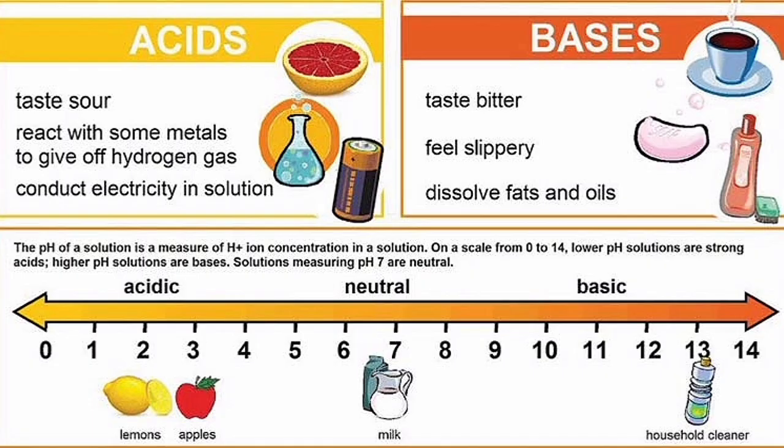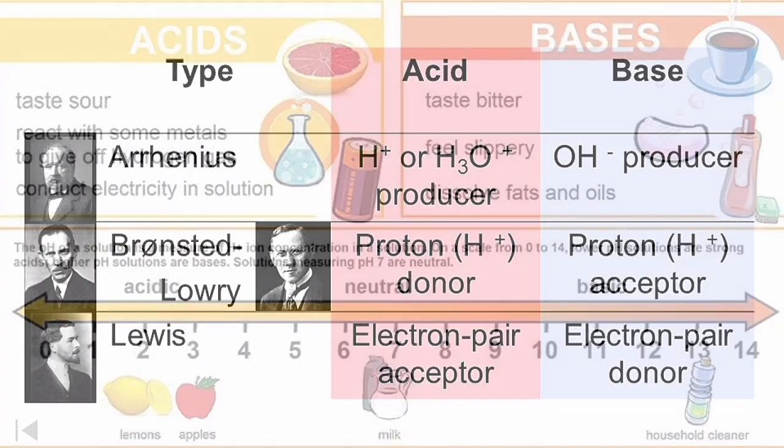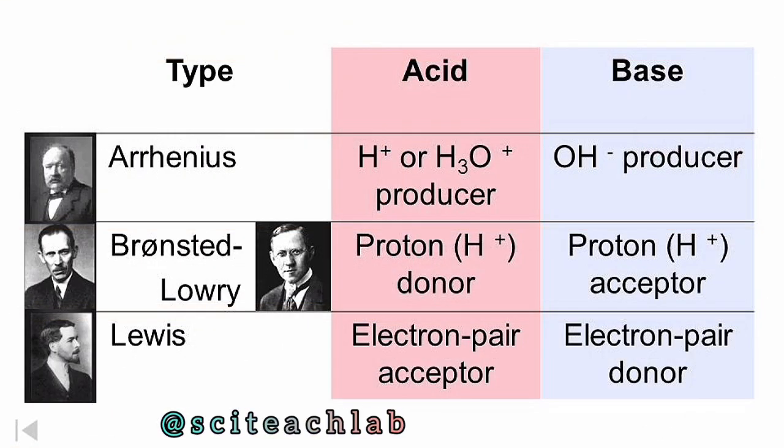Alright? Now there are different concepts of acids and bases. Many scientists defined acids and bases in different ways. Let's consider them, starting with the Arrhenius concept of acids and bases. Arrhenius said that, number 1, acids are substances which, on dissolving in water, dissociate to produce hydrogen ions as the only positive ions.